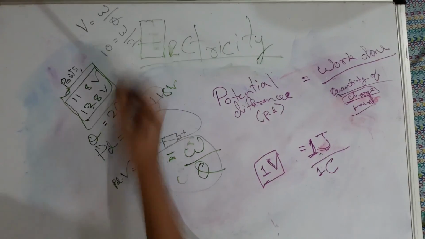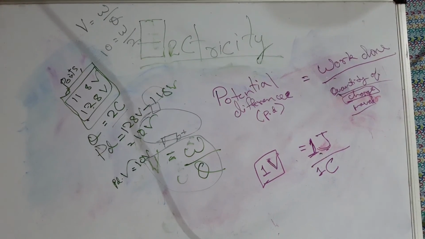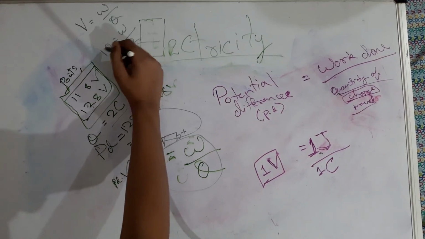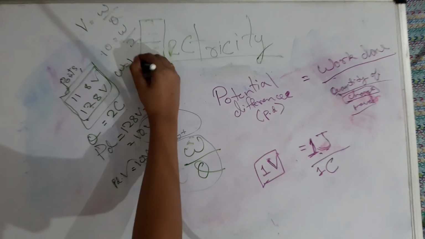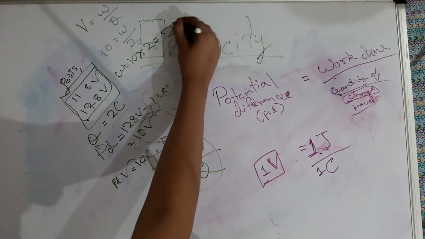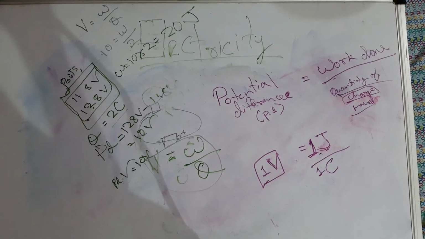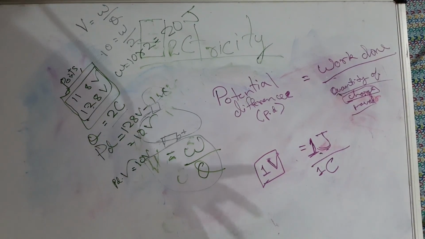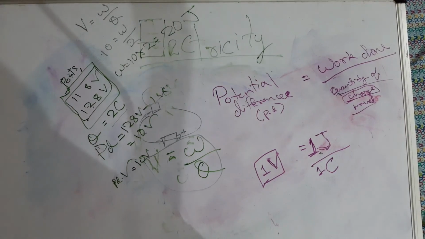So what will be W? Very easy, just send this Q upward. So work will be 10 into 2, which is equal to 20 joules. So we have done this, and it's really very easy, not surprising. So meet you friends in the next one.